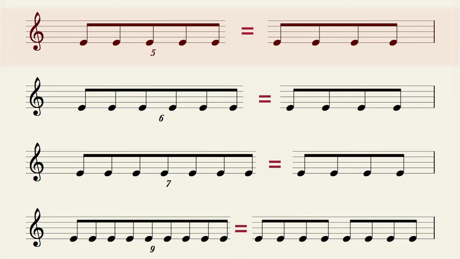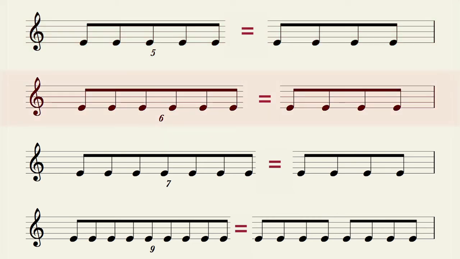This simply means that those 5 notes are played in the time of 4 notes. So if you have 5 quintupleted quavers, they are played in the time of 4 quavers.